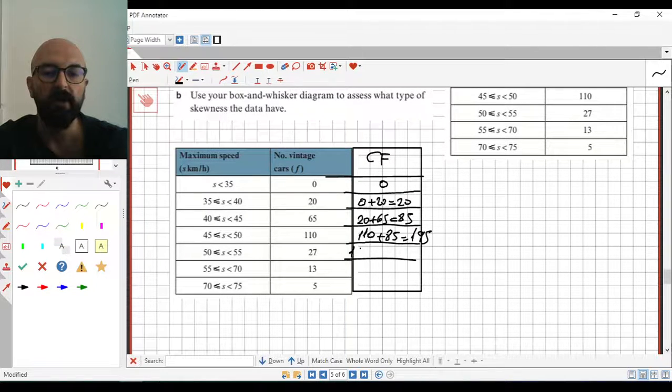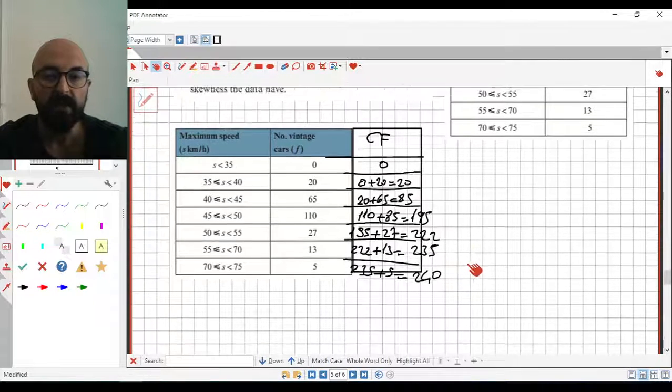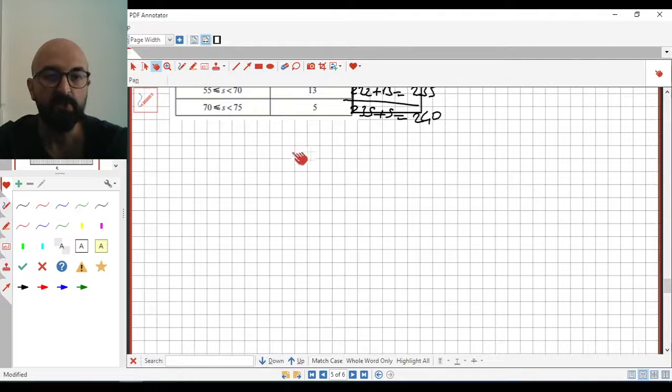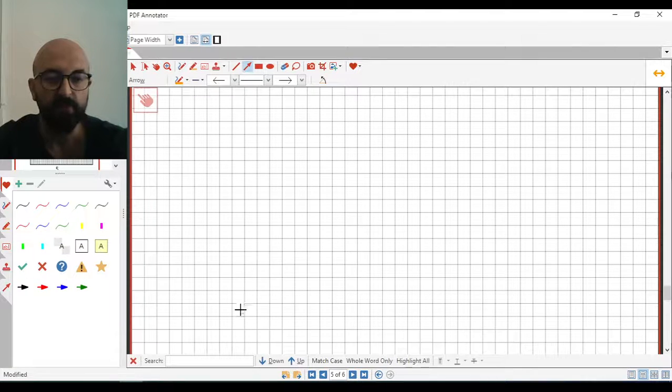The other one 195 plus 27 is 222, and 222 plus 13 means 235, and 235 plus 5, we have the sum of 240 cars.